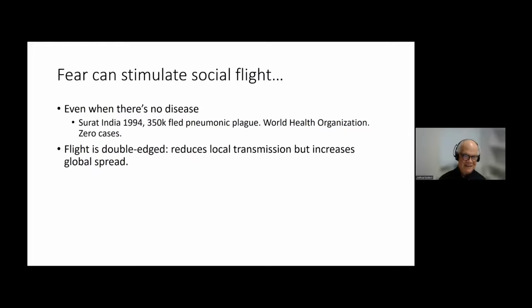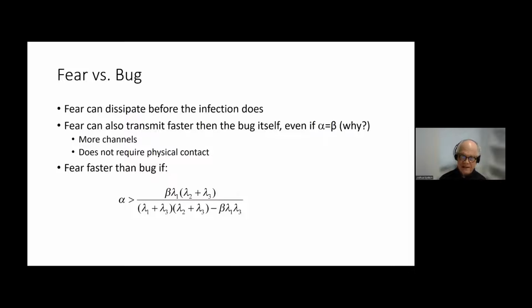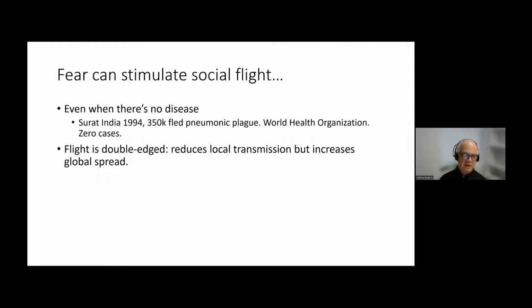All right. And of course, again, we can have different asymmetries because of the difference in channels, the return to the susceptible pool in one case and not the other, and so forth. And we can solve for the parameter relationship that produces fear going faster than the bug. And fear obviously can stimulate social flight, which space is not included in these models.